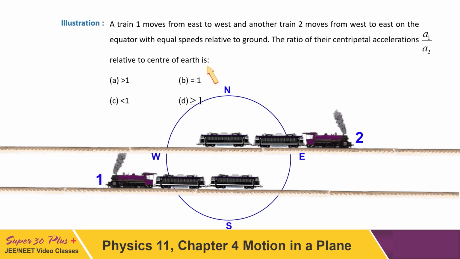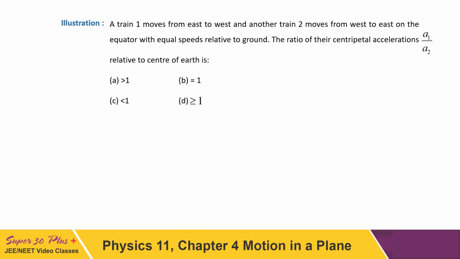So first let us write the centripetal acceleration. As we know, the value of centripetal acceleration has to be equal to v square by r. R is the same because it is the radius of earth with respect to the center. Both trains are at the same radial distance, so R will be the same for both.